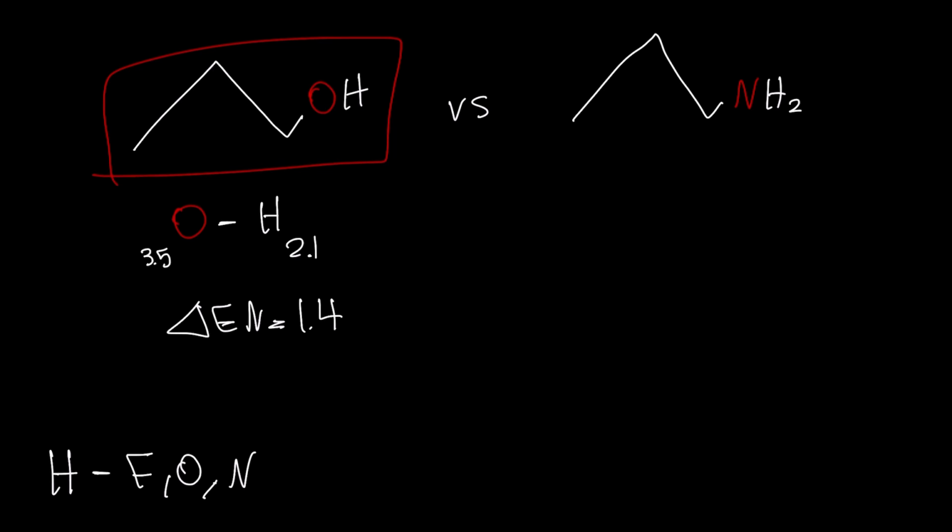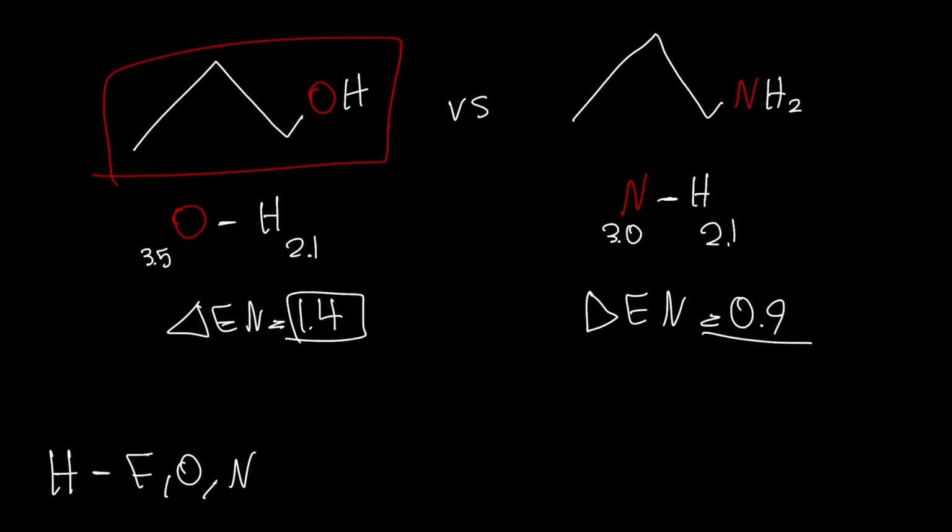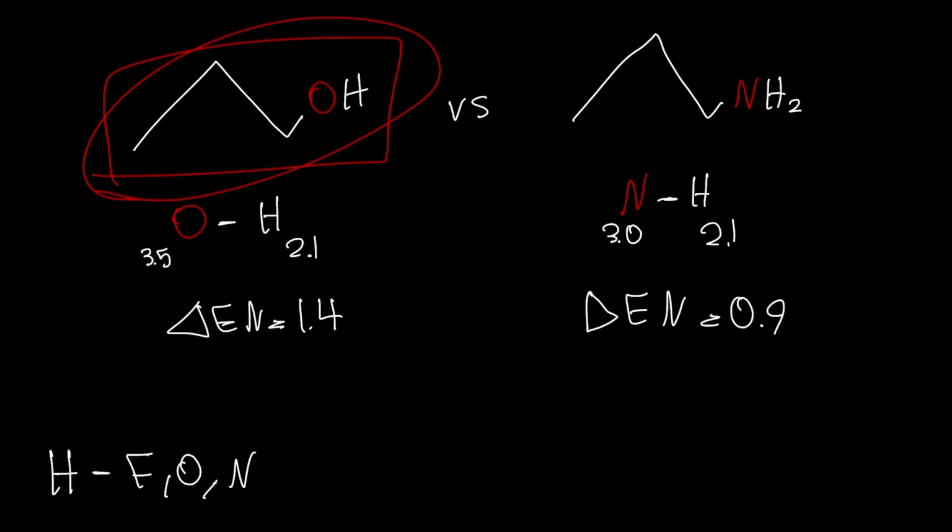When you look at the nitrogen hydrogen bond, nitrogen's electronegativity is 3.0 and hydrogen's is 2.1, meaning that the electronegativity difference is going to be 0.9. The higher the electronegativity difference, the more polar the bond is going to be, and the stronger the hydrogen bond is going to be. So therefore this one has a higher boiling point.